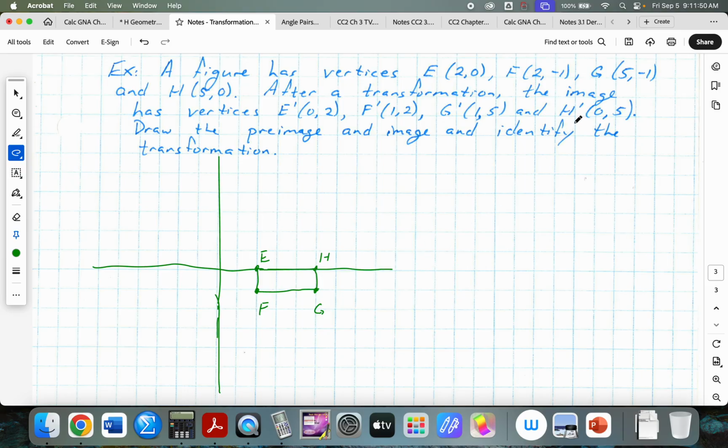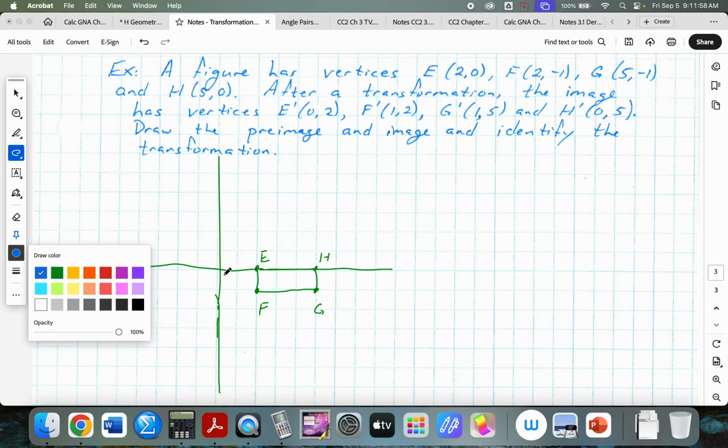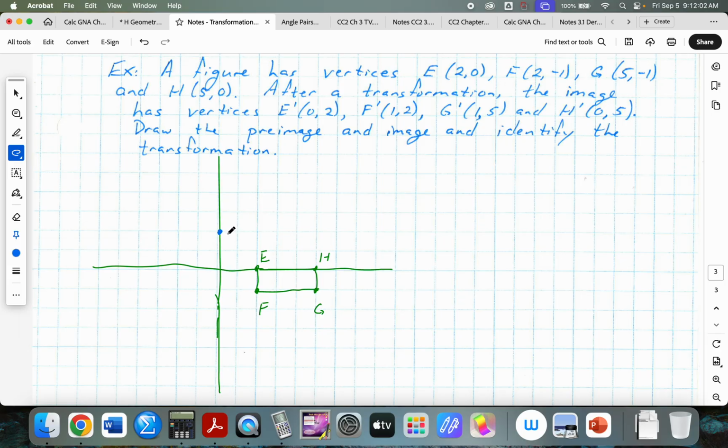After the transformation, the image has vertices. E prime is at 0, 2. I'm going to do this in a different color because I can. So 0, 2. F prime is at 1, 2.